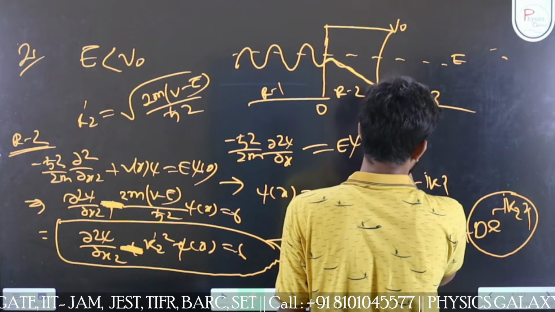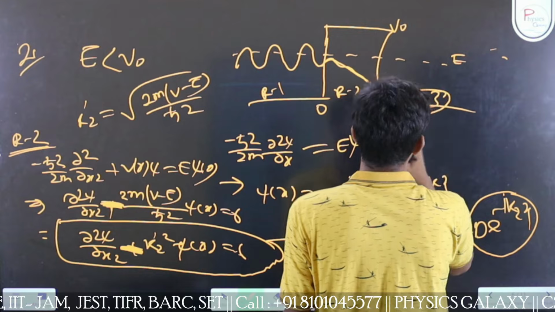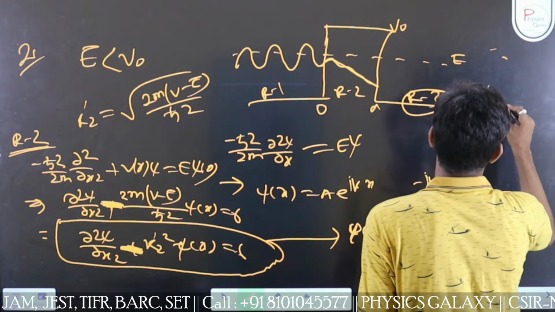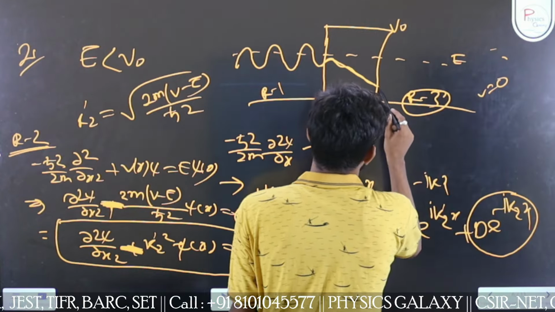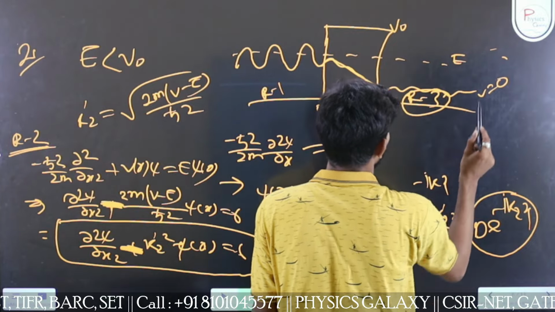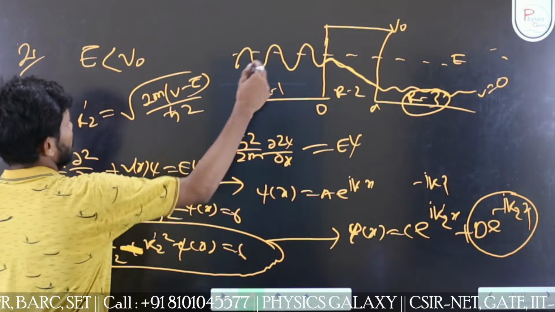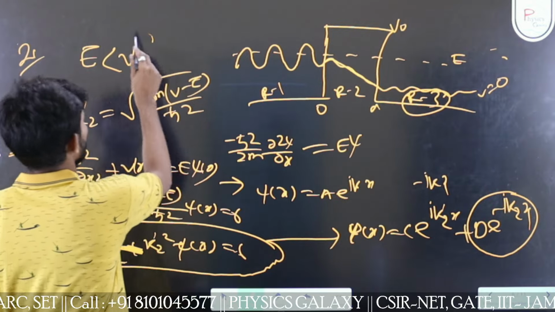And in region 3, the potential is equal to 0, so it will be oscillatory in nature. So this will be the nature of the wave function for the case E less than V naught.